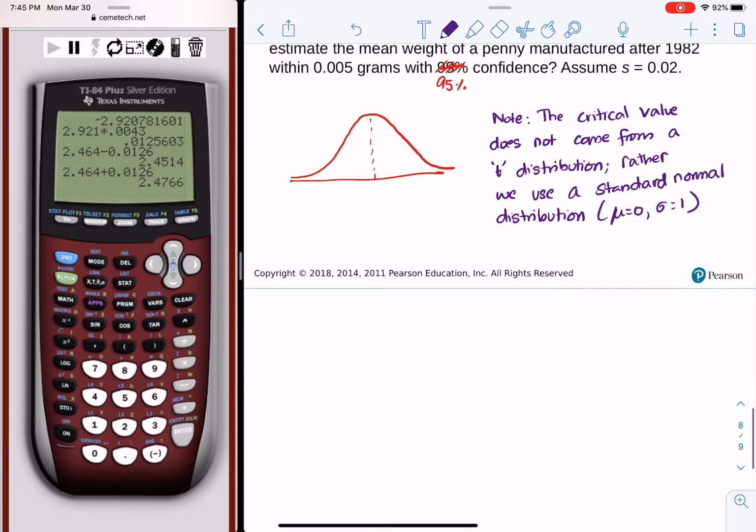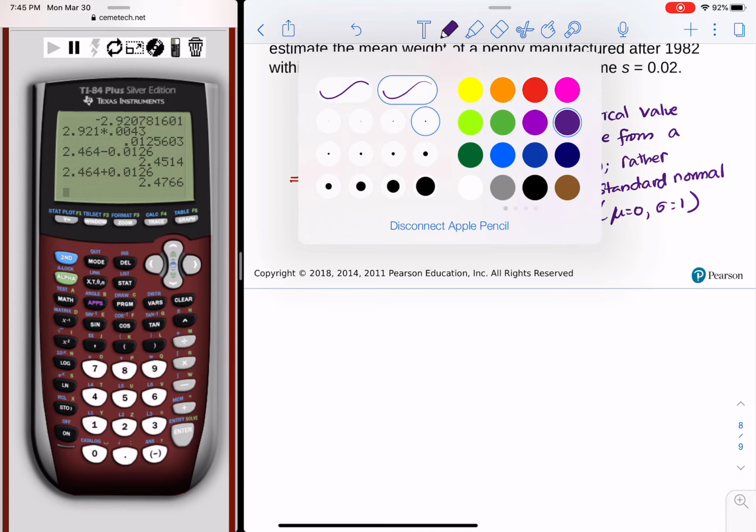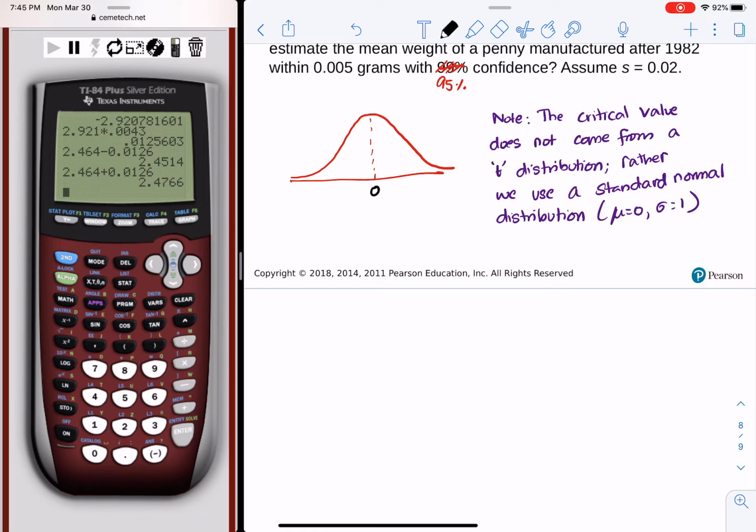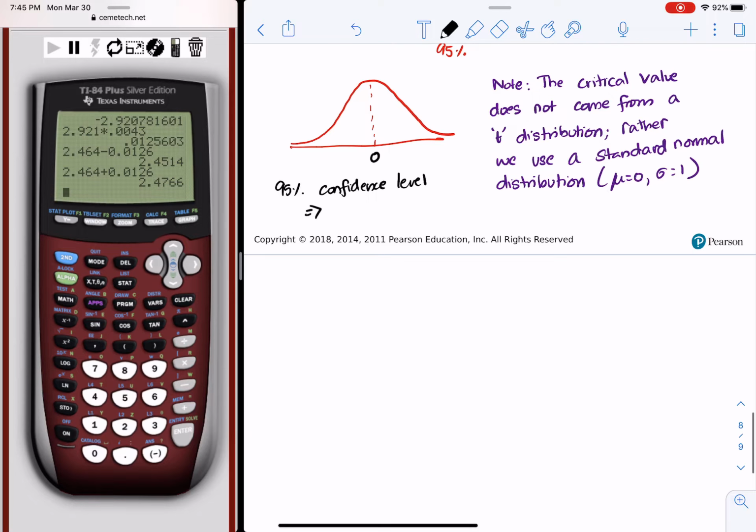So here I have a bell curve, which is a normal distribution. Since the confidence level is 95%, this would mean the value of alpha would simply be 0.05.